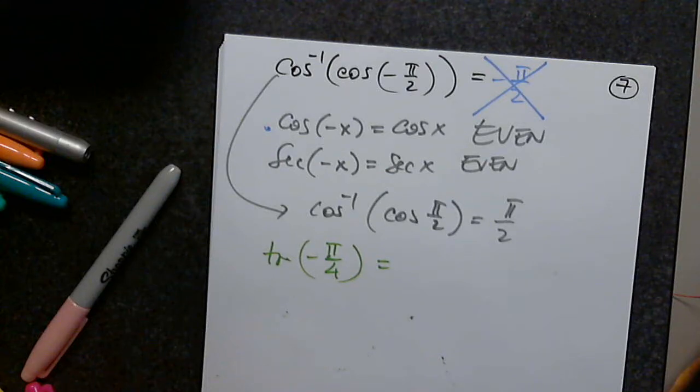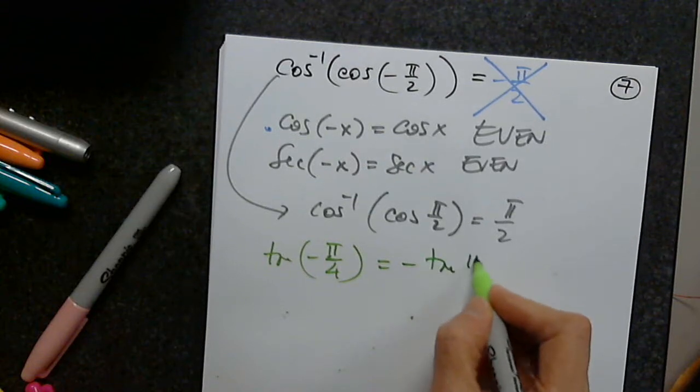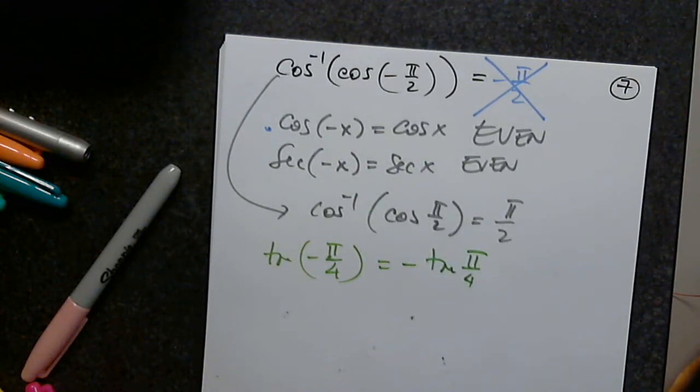What will I write first? It's an odd function. Exactly. Always think, oh, I know it's an odd function, which means tangent of negative pi over 4 must be negative tangent pi over 4, and I'm done.